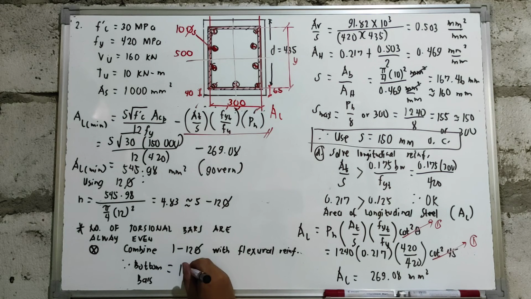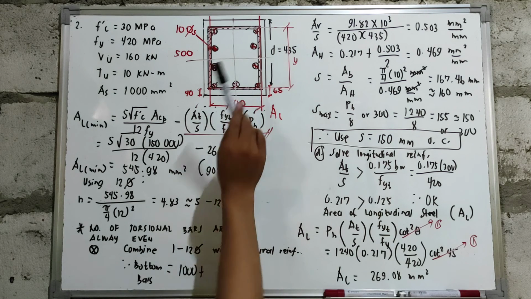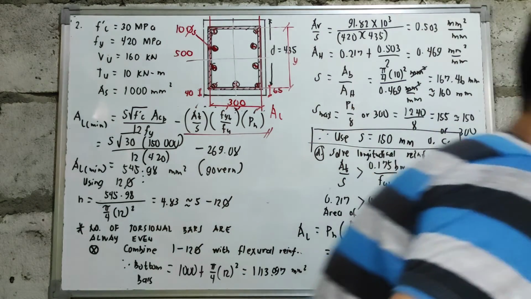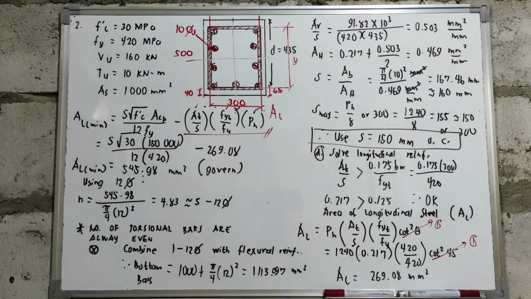Kaso nga lang, since dinagdagan natin siya ng isang bakal, so you have pi over 4 na merong diameter na 12 mm squared, so you have a value of your area which is equal to 1113.97 mm squared. So, ganun lang yung principle natin dealing with reinforcement sa torsion.